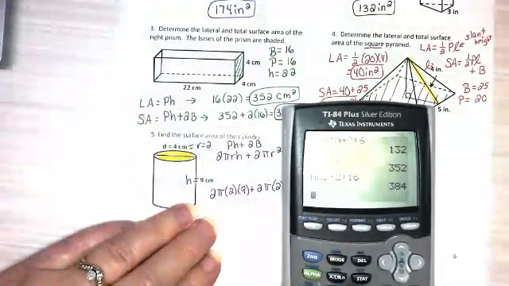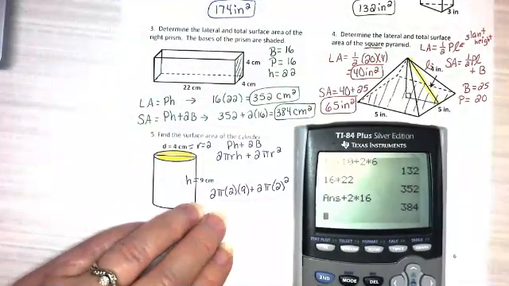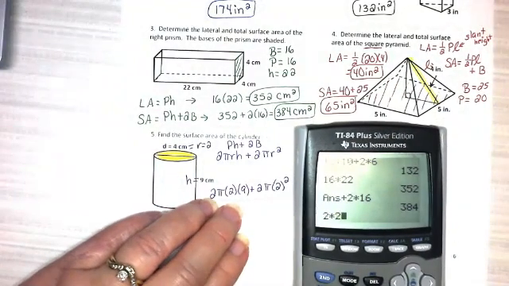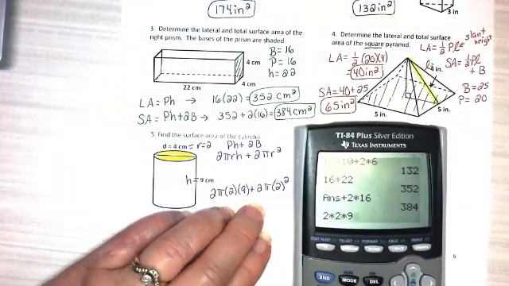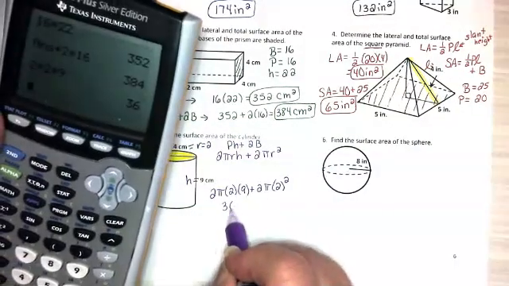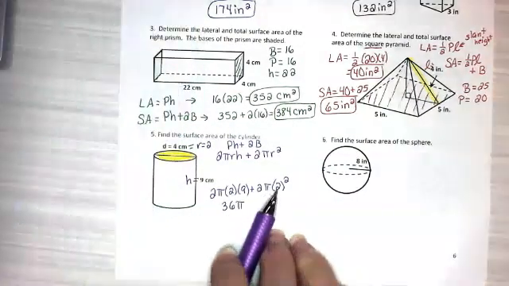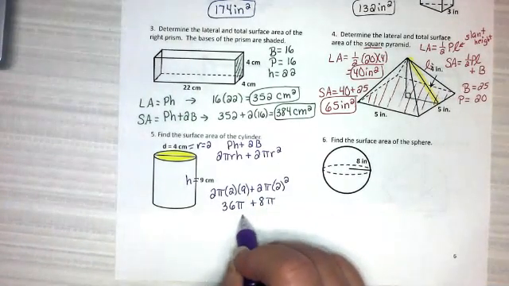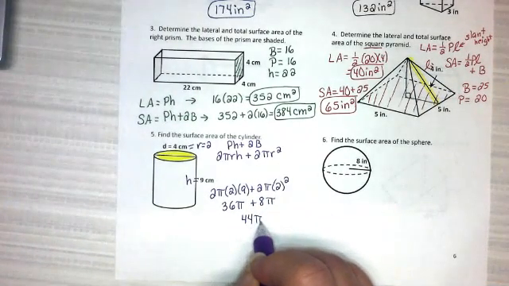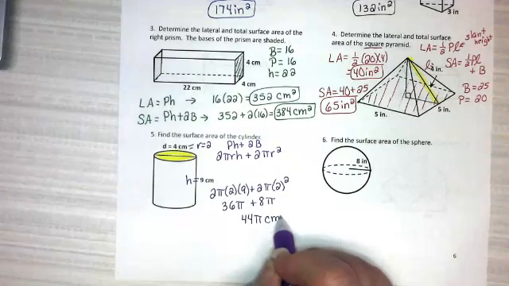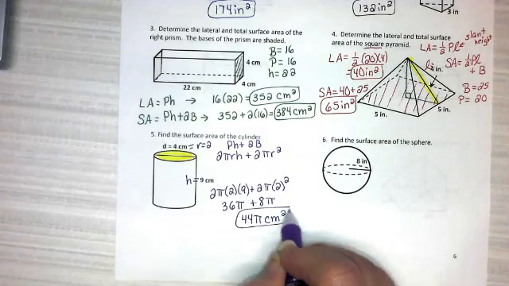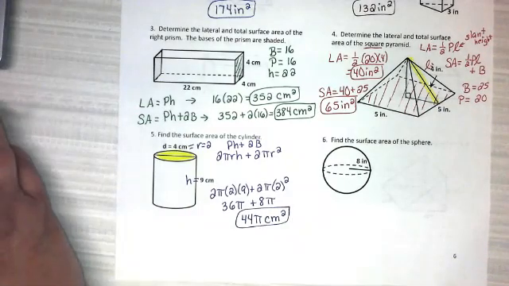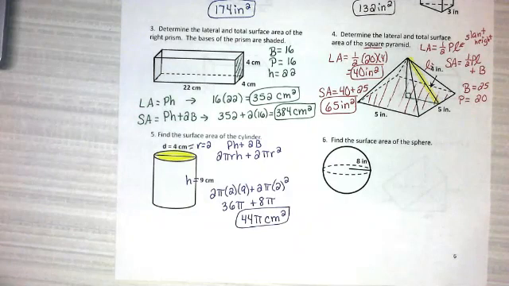So here we go. Can you see that? So I'm going to do 2 times 2 times 9, which is 36 pi. I can do this one in my head. 2 squared times 2 would give me 8 pi. Put those together, you've got 44 pi square centimeters for my total surface area. So all you need to know about a cylinder is the radius and the height, and you can solve that.